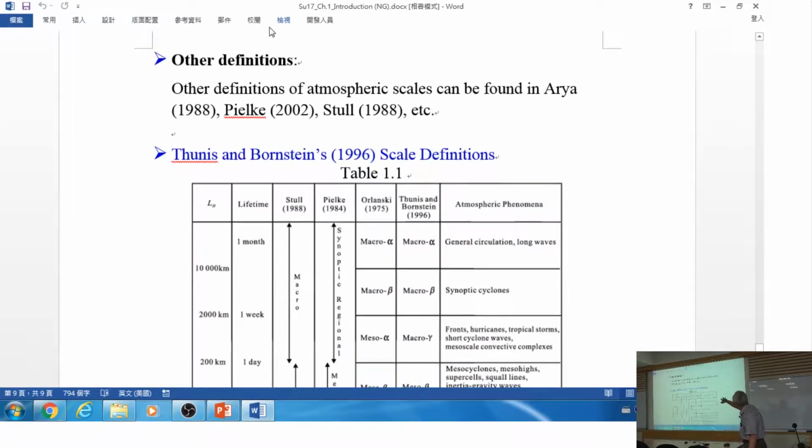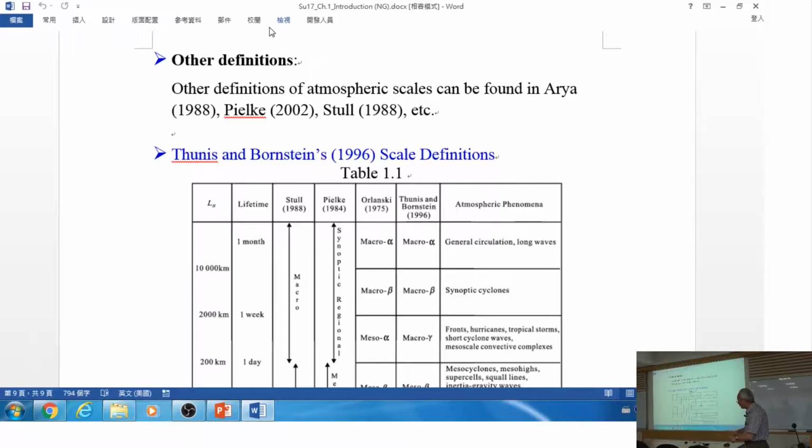So those are other definitions of scales, like Stewart, Orlanski, Hewitt, and Tunis, and Austin. And I think also, what's that scientist's name? He defined the scale for the tornadoes.